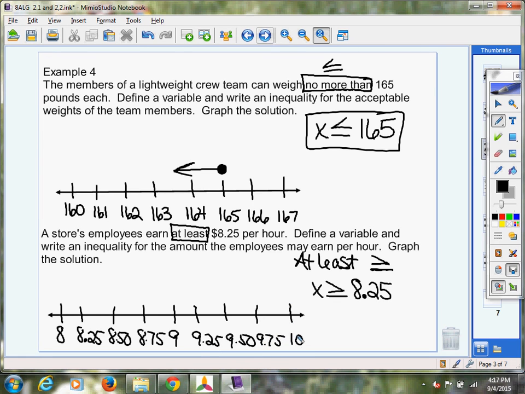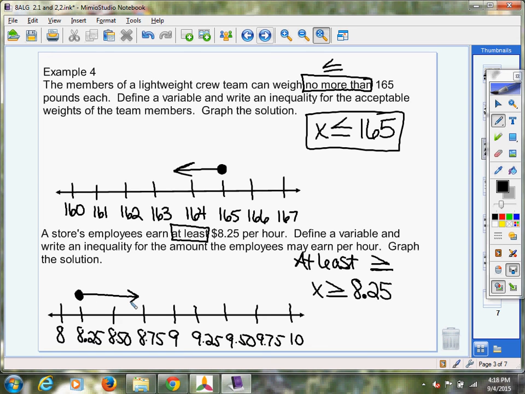You may want to go by quarters, some of you really uber technical people, or if you just want to go by whole numbers and estimate where that decimal is, that's fine too. So we're going to find $8.25, we're going to do a filled in circle, because it can be $8.25 an hour, can be, but we know it also could be more than that, so we want to go to the right and just show our arrow going that direction.